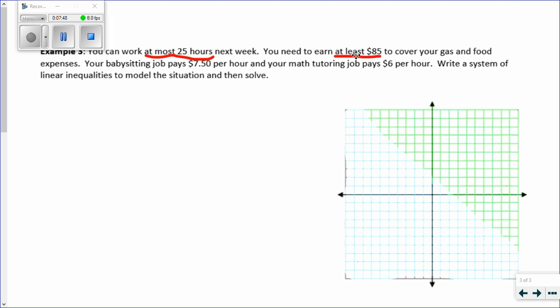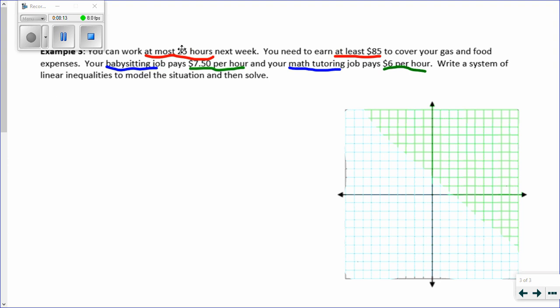Again, that's another inequality. So those are basically our two totals, 25 hours and $85 to cover your expenses. Your babysitting job pays $7.50 per hour, and your math tutoring job pays $6 an hour. Write a system of linear inequalities to model the situation and then solve.